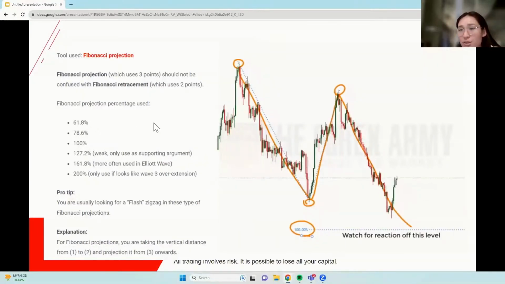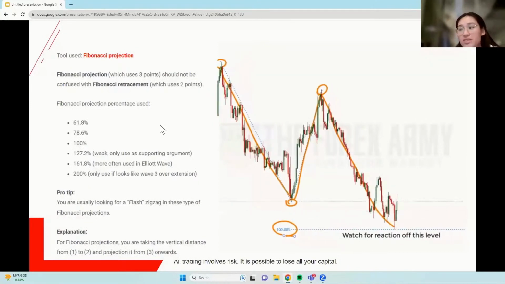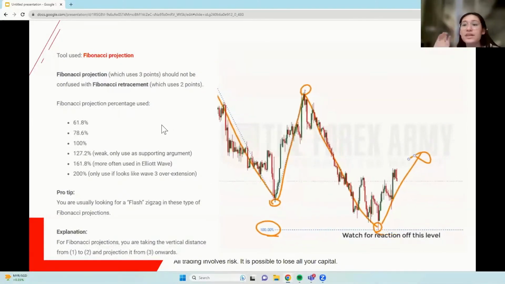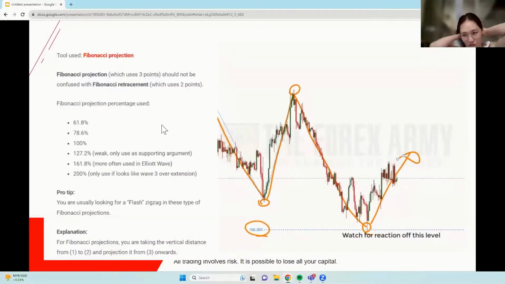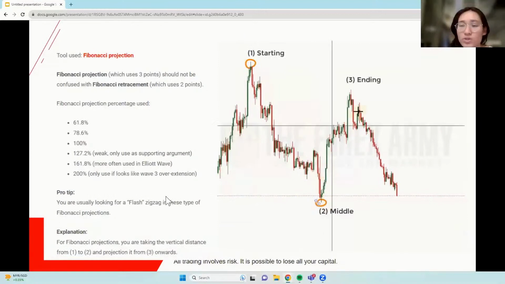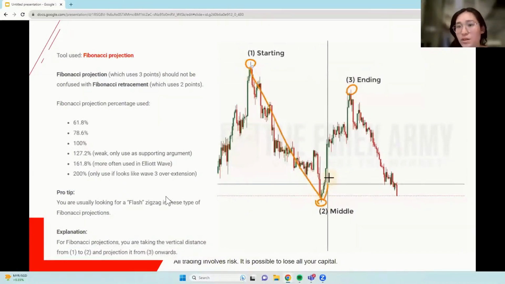This is because the Fibonacci projection uses 3 points that only the Fibonacci extension tool provides. So for Fibonacci projection, we use the 61.8, 70.6, and 100%. It's mainly those three, but you can also use the 127.2, 161.8, and the 200%.